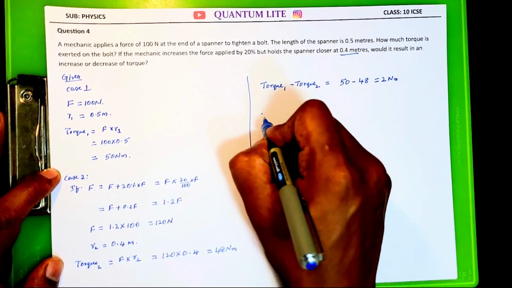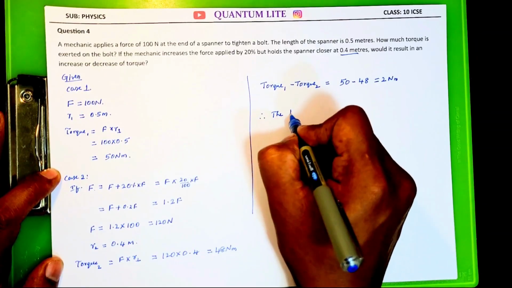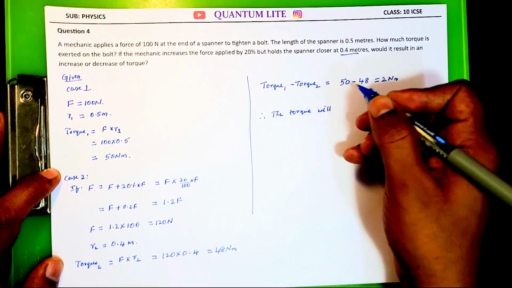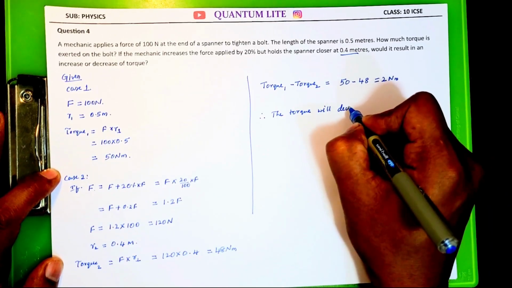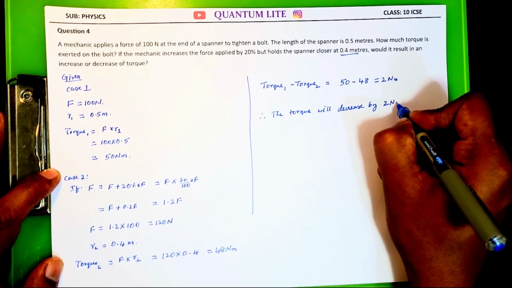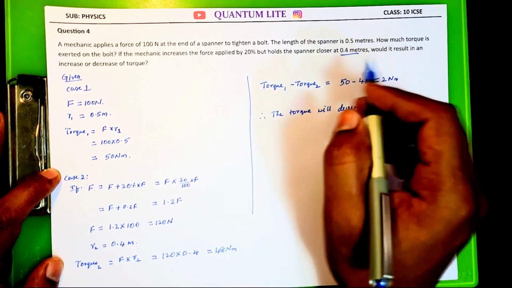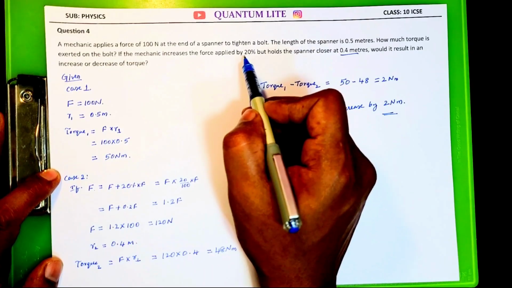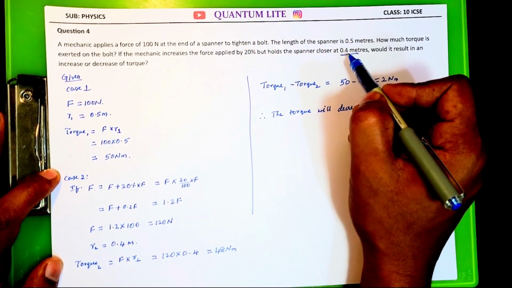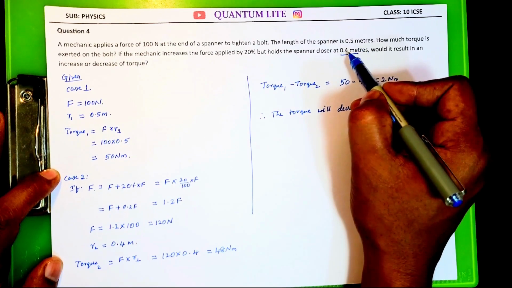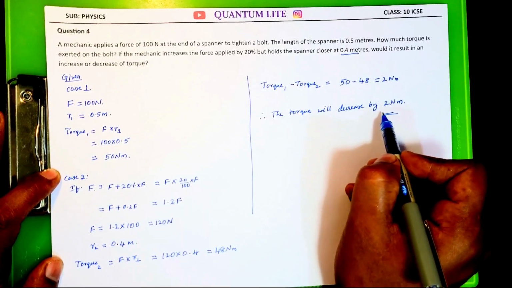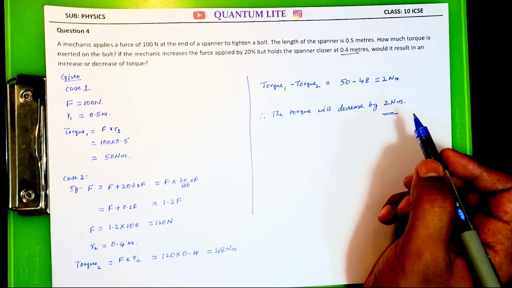That means, therefore, the torque will decrease by 2 Newton meter. So whenever we increase the force applied by 20% and decrease the perpendicular distance from 0.5 to 0.4, the torque will decrease by 2 Newton meter.